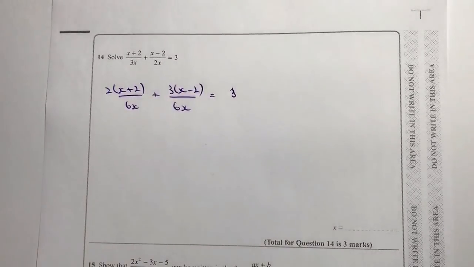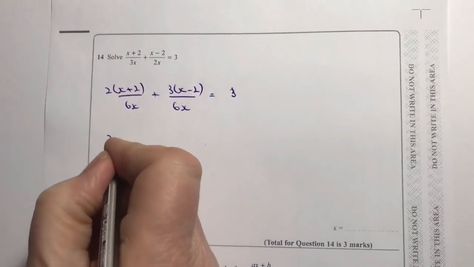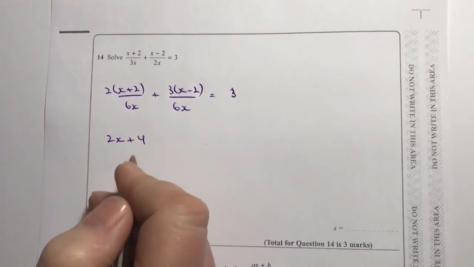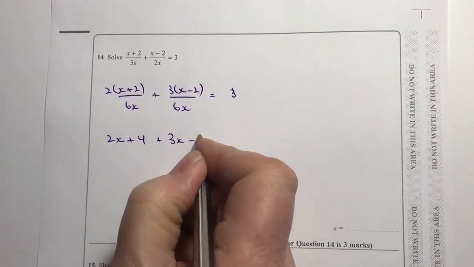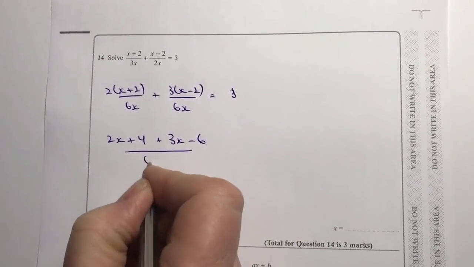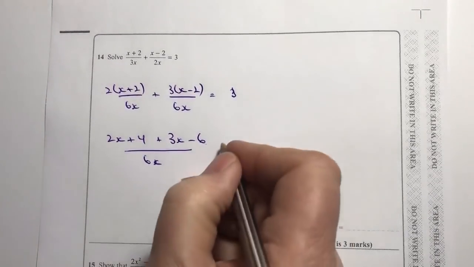Okay, and then we just need to expand that out and then simplify it and then work out the value of x. Okay, so if I expand that out, I get 2 times x is 2x plus 4. Remember, 2 times 2 is 4, plus 3x minus 6, and divide that by 6x. I'm going to bring it together now, and that's going to equal to 3.